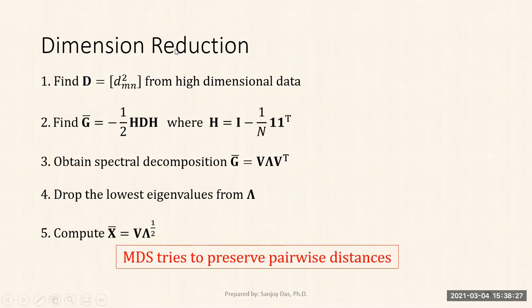So we took very high dimensional data and dropped the lowest eigenvalues; we took the top 3 eigenvalues, let's say. This will give us 3-dimensional points, but in such a manner that the pairwise distances between the points are preserved as much as possible. The pairwise distances in the high dimensional data are somewhat preserved even in the low dimensional data X bar.